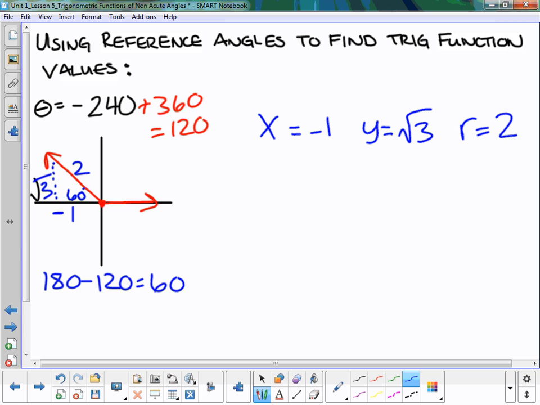And now we're back to questions and problems we've already dealt with. We take our x, y, and r, and we plug those values into the ratios. So I want you to take a minute and do that.